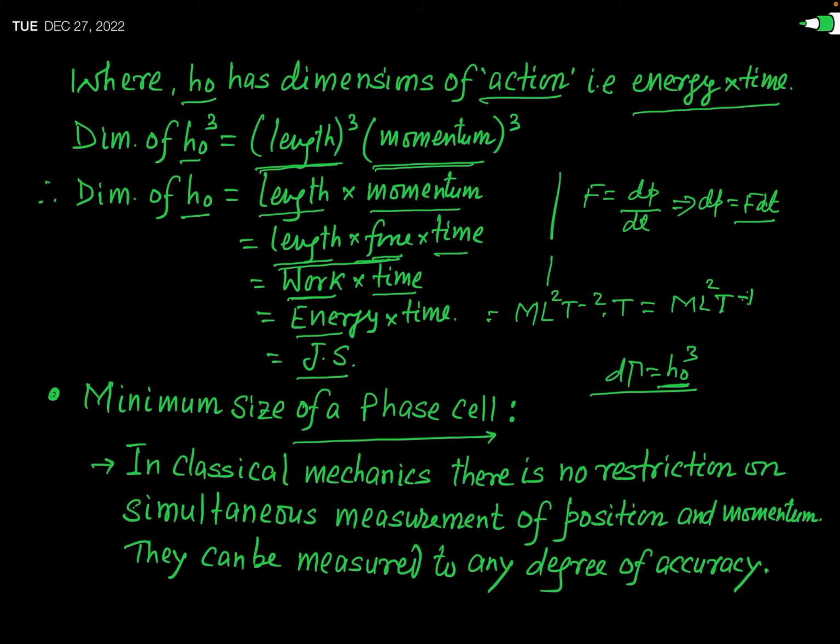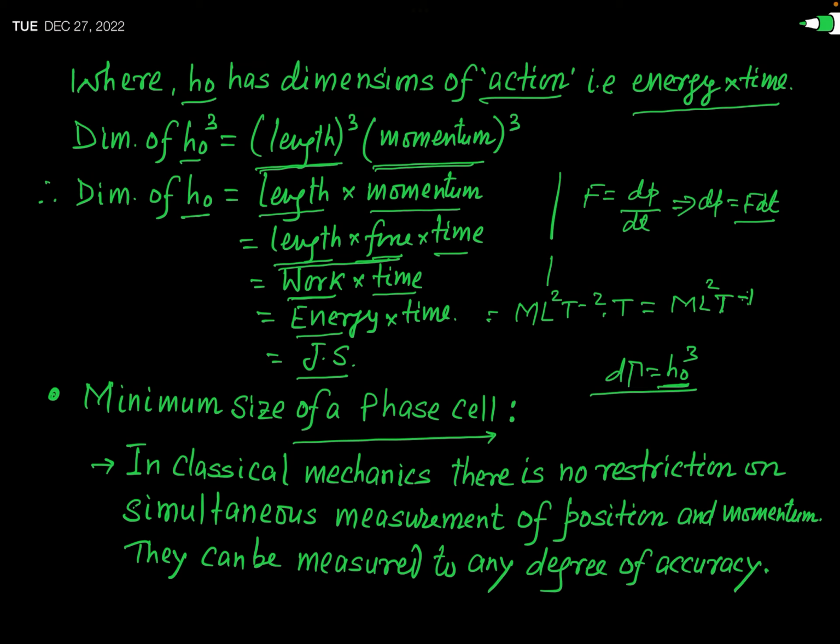It means we can measure the position and the momentum of a particle simultaneously with any accuracy, without any error, without any uncertainty. We can calculate the exact value of position and momentum in accordance with classical mechanics.